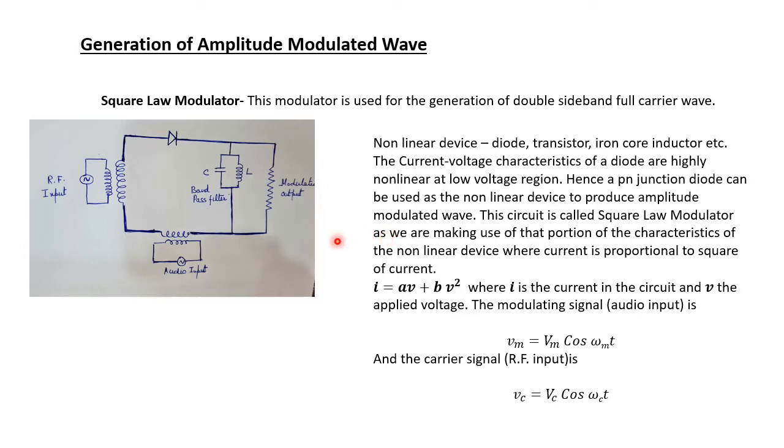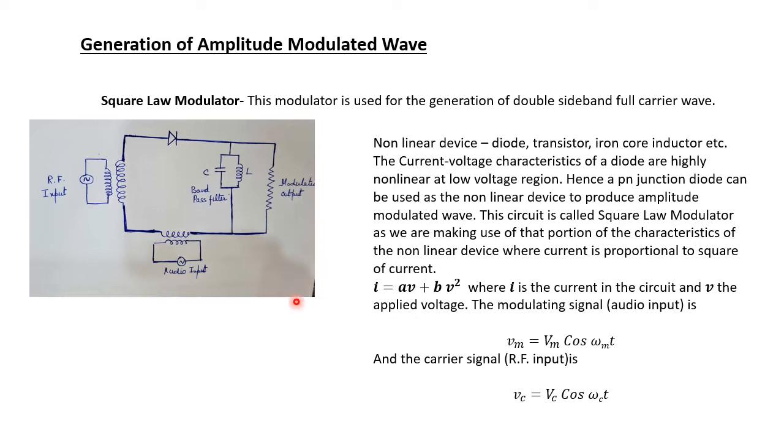As we know the characteristics of PN junction diode, and if we analyze these characteristics, then we come to know that in the lower applied voltage, the variation of current in the circuit varies in a non-linear manner with the applied voltage, and for the higher voltages it somewhat appears as linear variation, but when the applied voltage is low, then the variation is highly non-linear.